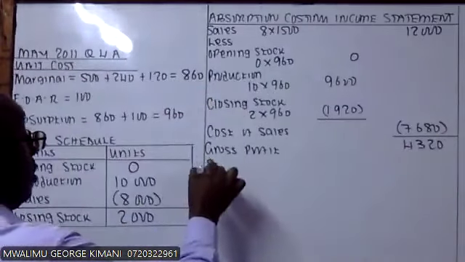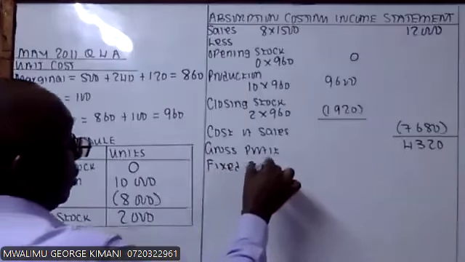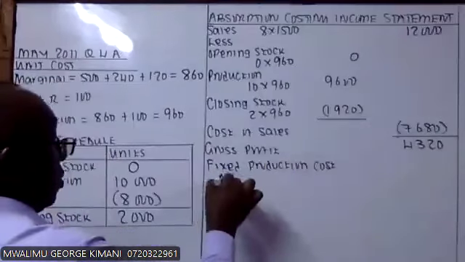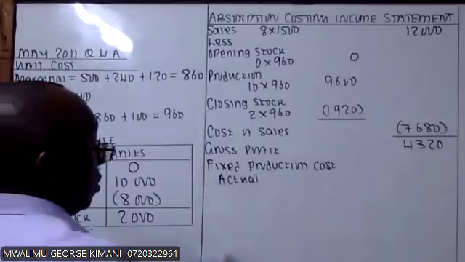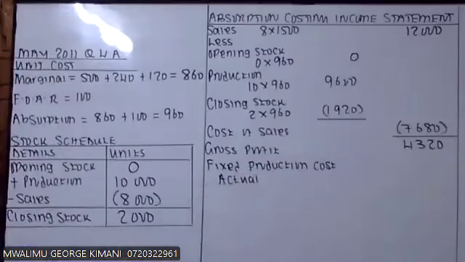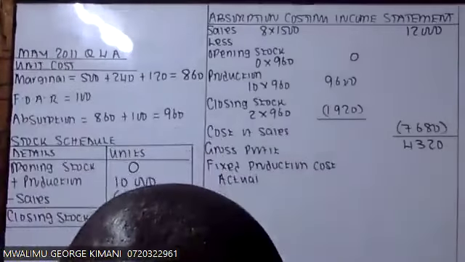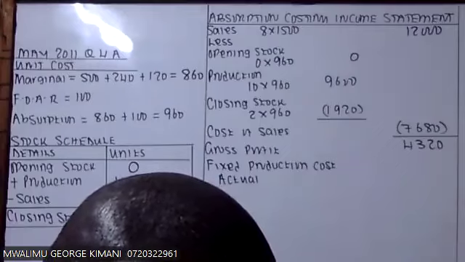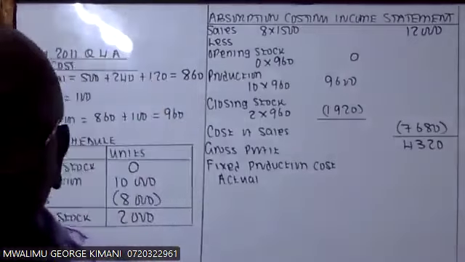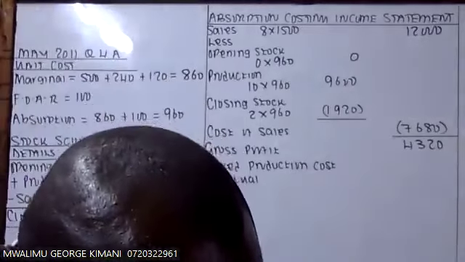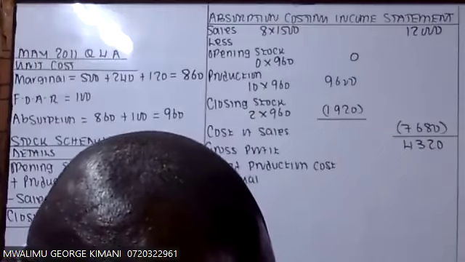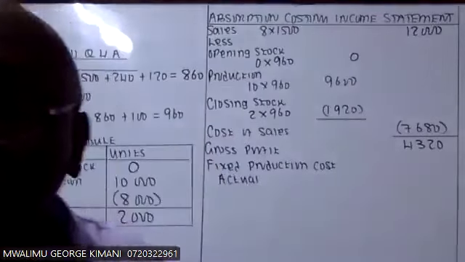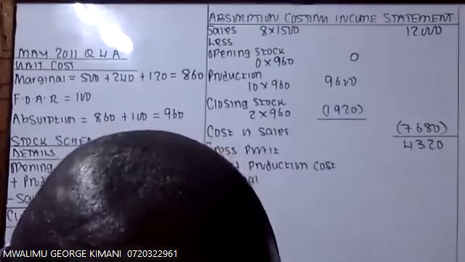Now, fixed production costs. Let's start with the actual. The actual is the one mentioned by information 6, but information 2 is what we look at. Total fixed production overhead variance during the month was 100,000 adverse.